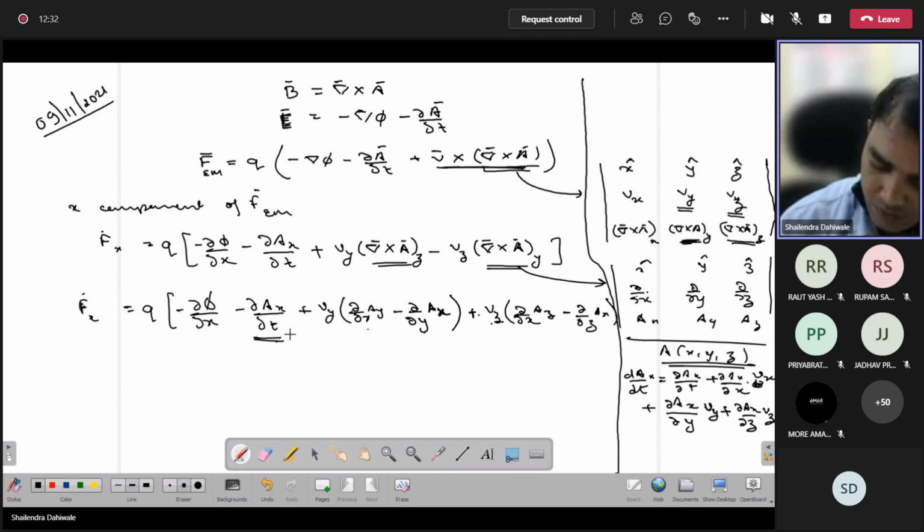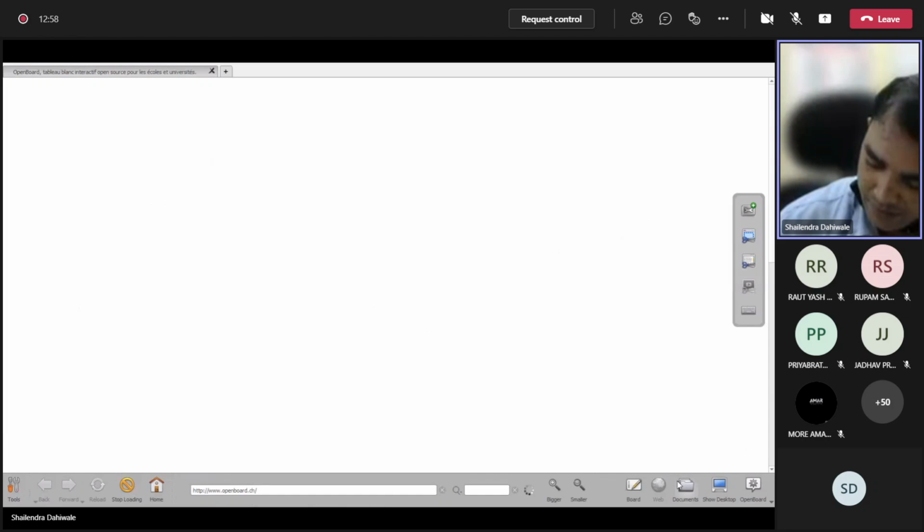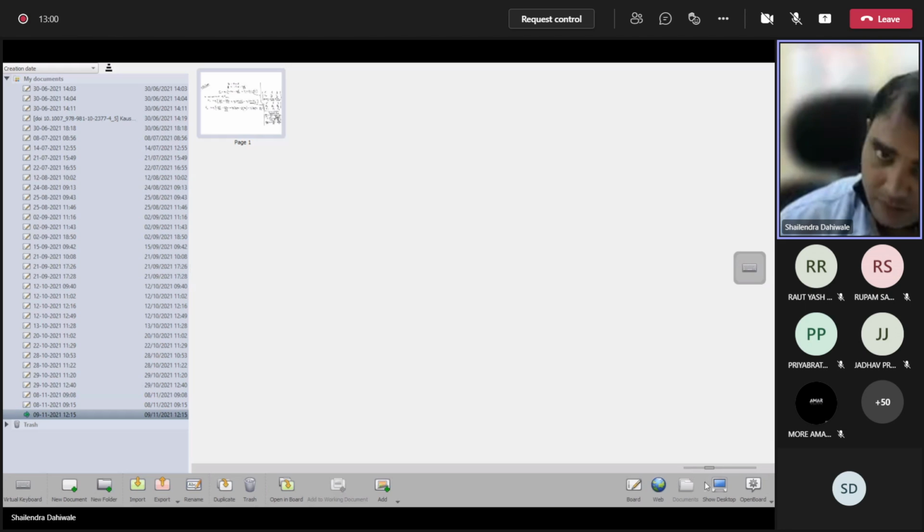Okay. So from here I can write del Ax by del t is dAx by dt minus all these quantities, right? So I can write Vx del Ax by del x minus Vy del Ax by del y.